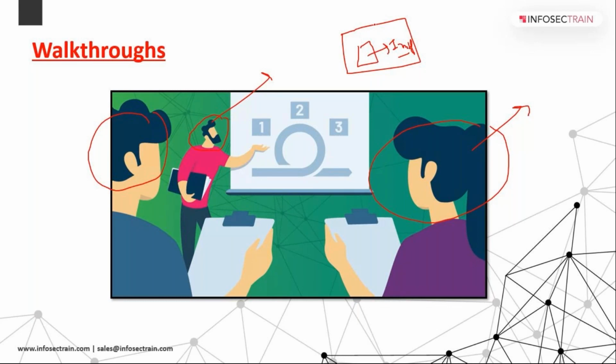In a tabletop, they just discuss. Let's say we are all in a meeting, and I want to discuss, guys, if there is a server and a ransomware attack happens, what are you going to do, right? That's called a tabletop exercise. A walkthrough is where I show you a scenario and what you are going to do. So you do a hands-on thing, right? You open your account, you open your tools, and start the scanning process.